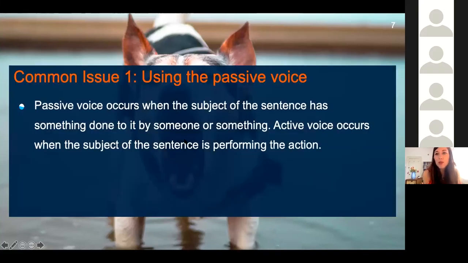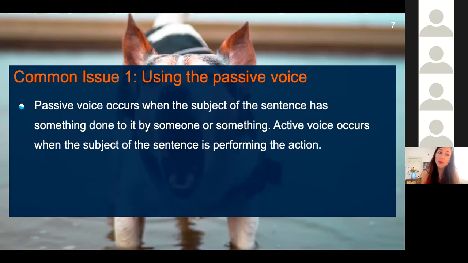So I'm going to go through some common issues that I often see when I'm going through students' work. If you can avoid some of the things I'm talking about here, then your writing will be improved considerably. One of the first issues is using the passive voice. I should explain what passive voice is. This occurs when the subject of the sentence has something done to it by someone or something.